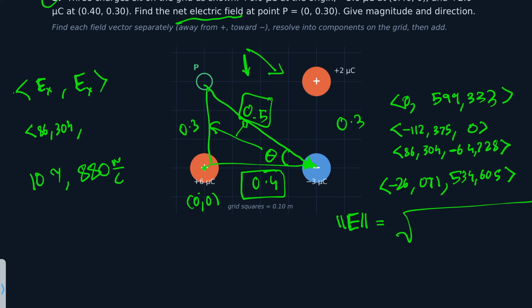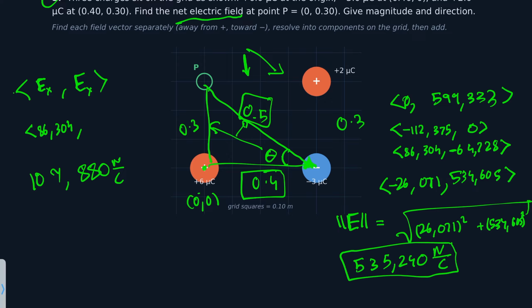And the square root of this squared plus 26,071 squared, and there you go: 535,240 Newton per coulomb. It took a while, but there you go.